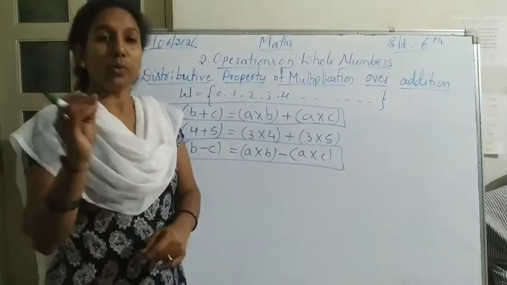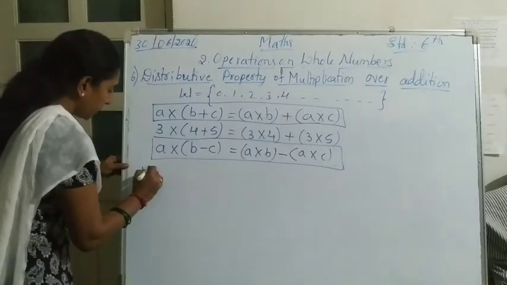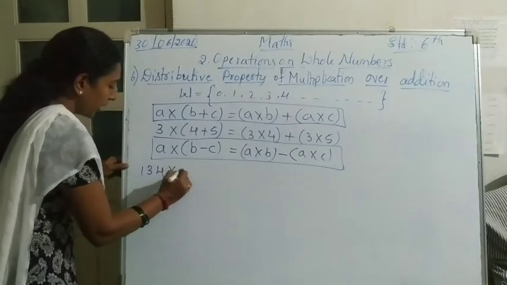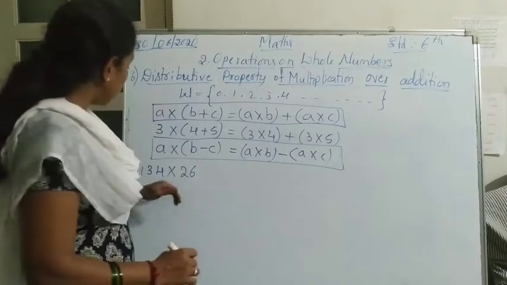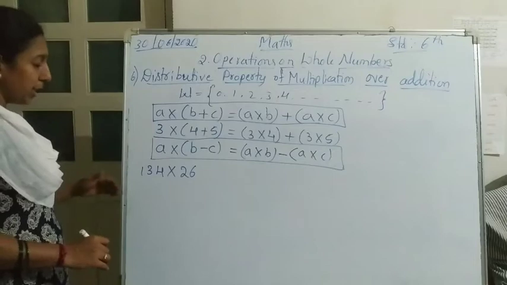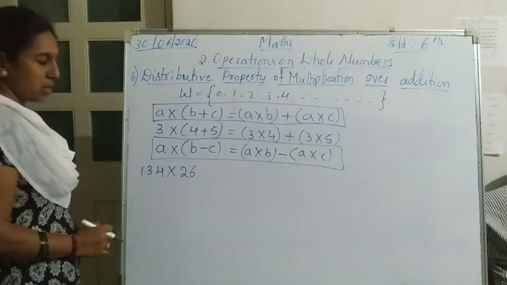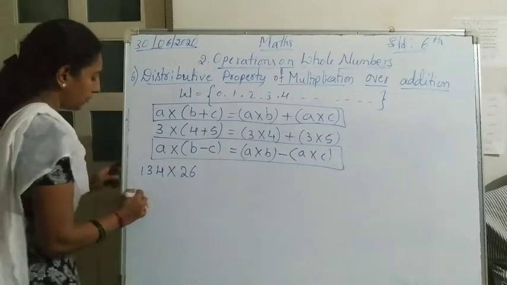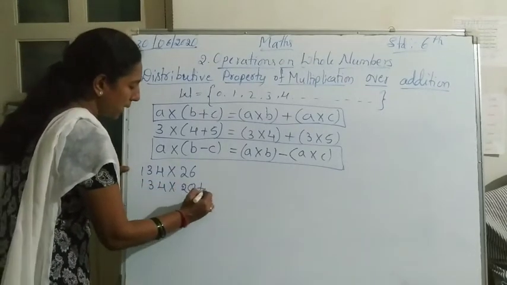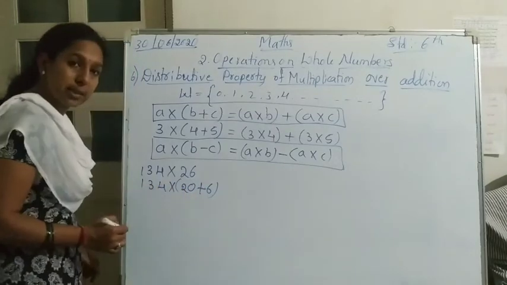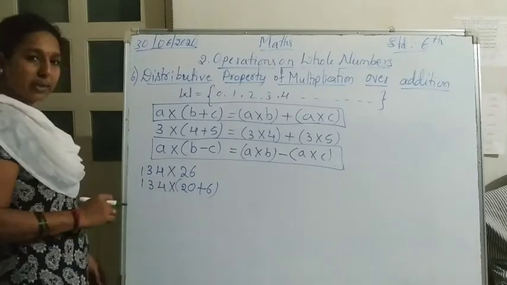Okay, let us solve a few sums on it. For example, let me take 134 into 26 I have to do. Okay, so how to do this one? 134 into 26. It is a little bit difficult. So what I will do, I will write this in the form of 134 into (20 plus 6). Can I write like this? Yes, 26.